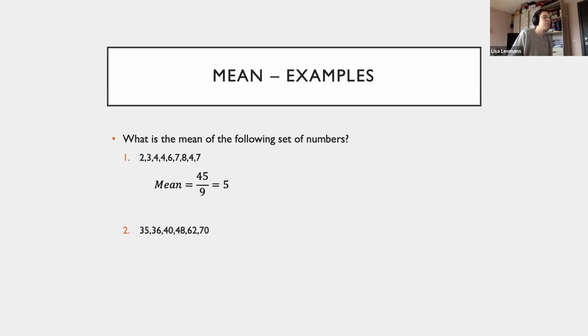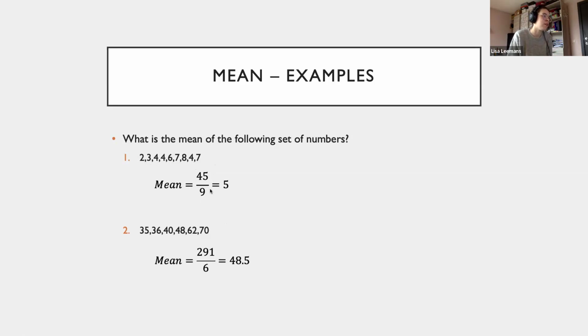So you see here, adding all those numbers up gives you 45. We have 9 data points or data values, so that gives us the 9. And as well as the answers written down in the chat, you get the mean as equal to 5 for these sets of numbers.